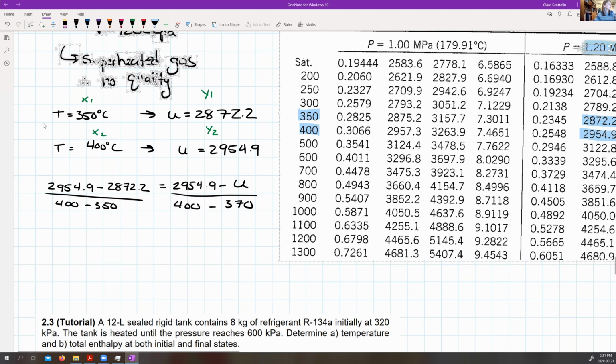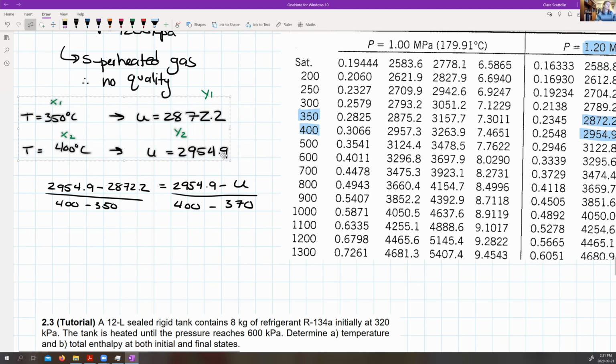Hold on. I want to make sure how I'm writing these ratios is clear, because there are lots of different ways of doing it. There are tons and tons of ways of organizing this. And then I have a value of t equal to 370, which is my u unknown.